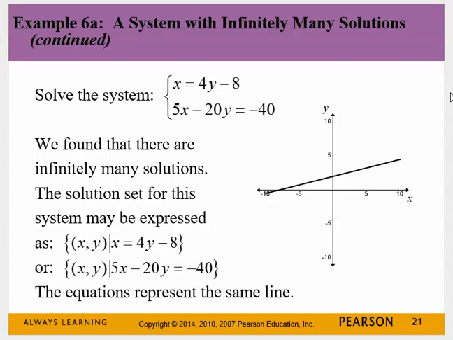The equations are dependent, that is, they're the same equation. And a way to write this in set builder notation, using braces, x comma y, that's the ordered pair, such that you just mention one of the equations, and you could use either one. That is, the equations represent the same line. All right, let's go on.